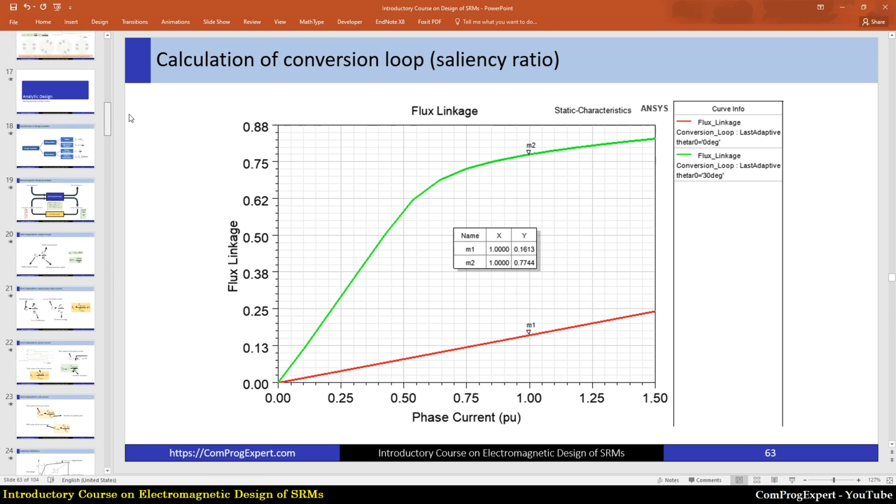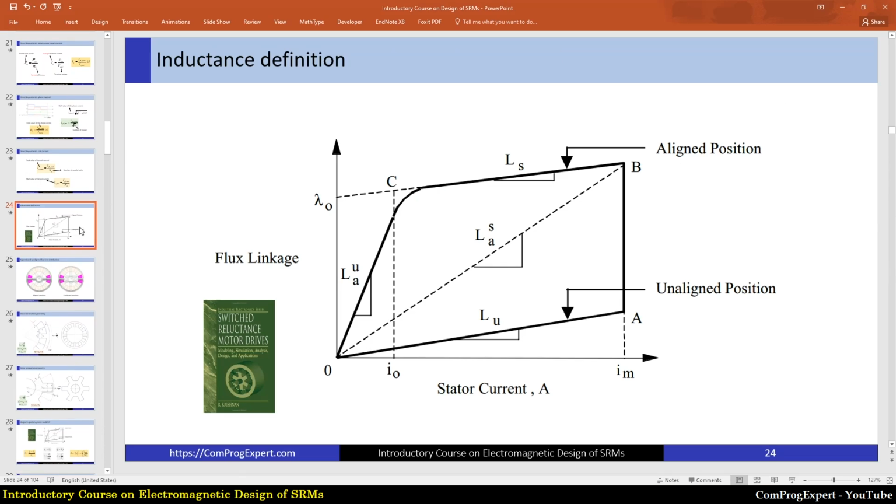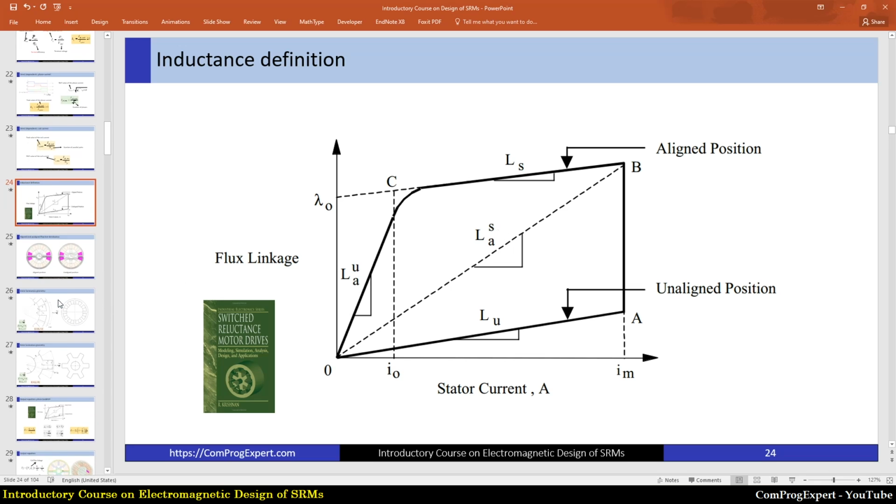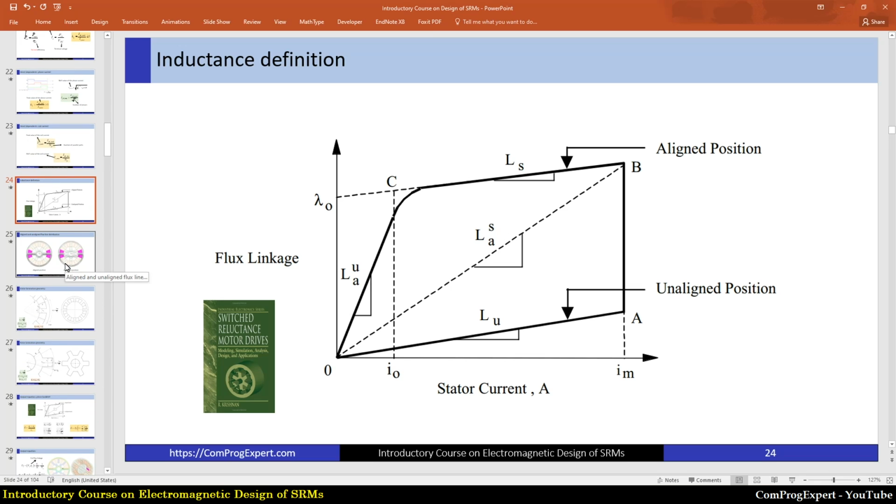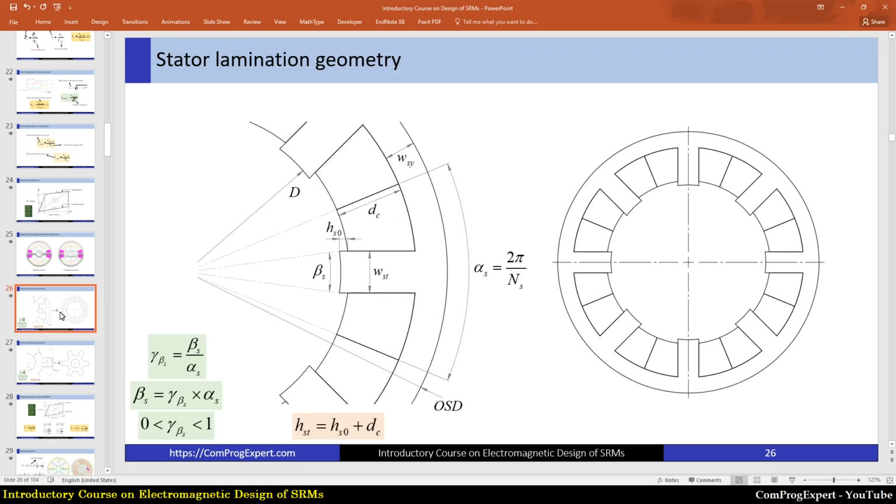So let's review. We have four important values for inductance: LU, LS, LAU, LAS. And we will calculate these inductances and discuss them during the finite element analysis of the designed motor.